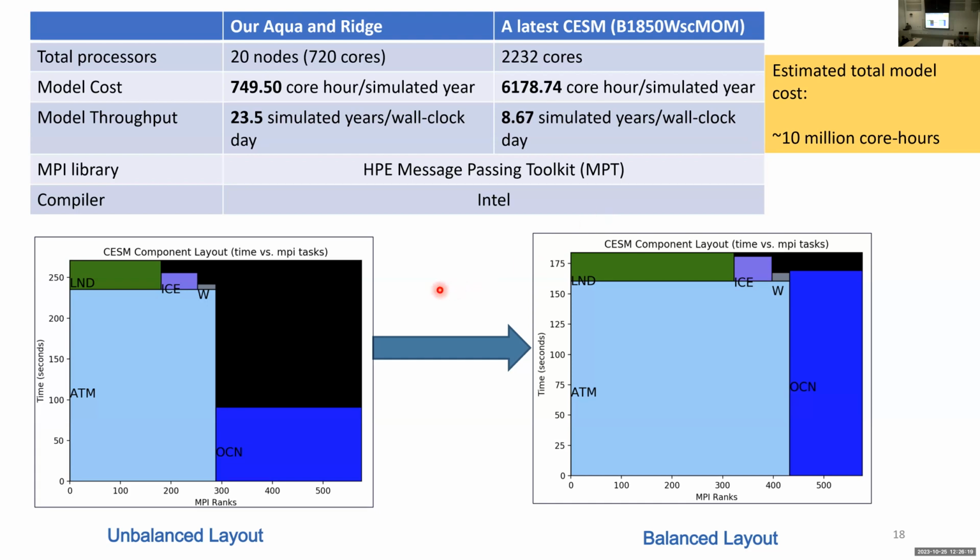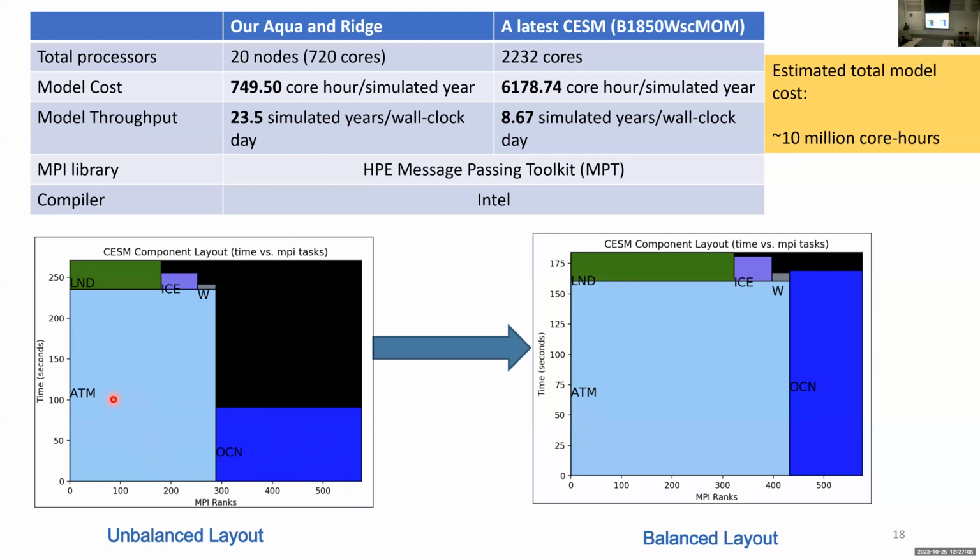Another factor for the coupled model is the load balance. That means you need to allocate an appropriate number of resources to each component of your coupled model. For example, in the figure on the left, the y-axis is the time each component takes to finish its job, and the x-axis is the number of MPI ranks. In this case, you obviously gave the ocean model many more MPI ranks than it needs, so the ocean model finishes its job very fast.